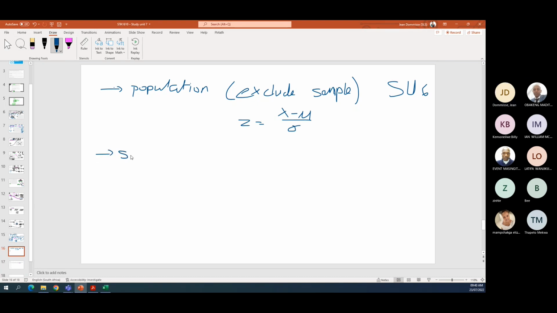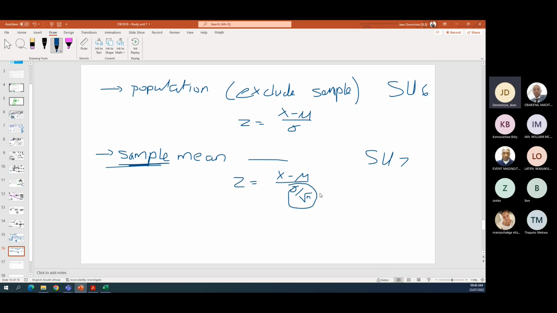Then we have the sample mean. They need to tell you you're working with a sample mean, and that is then study unit 7, where they introduce the means or the sample size, and here you then start working with a standard error as well.